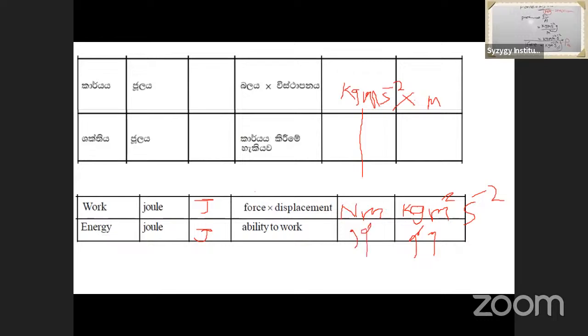Then energy. I think you have learned two types of energy, potential energy and kinetic energy. Potential energy you can write as mass, gravitational acceleration and height, mgh.